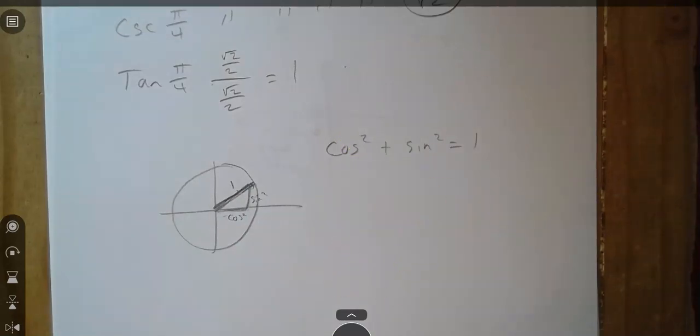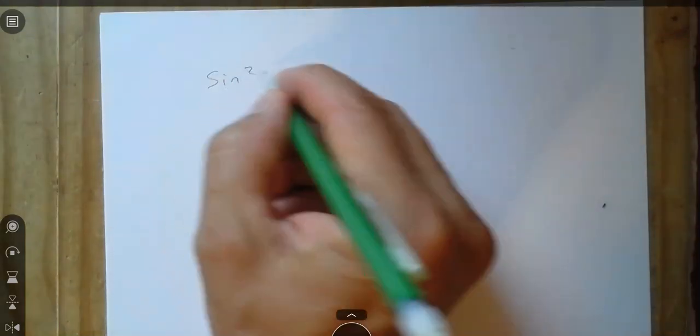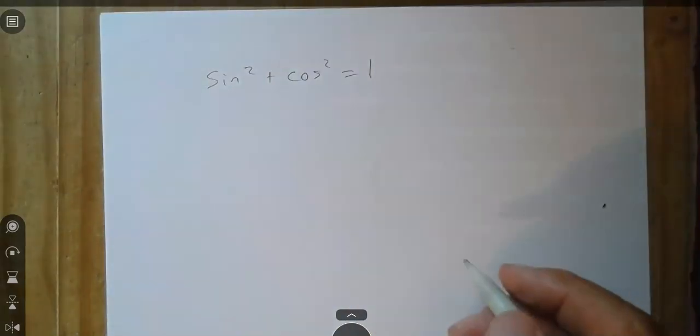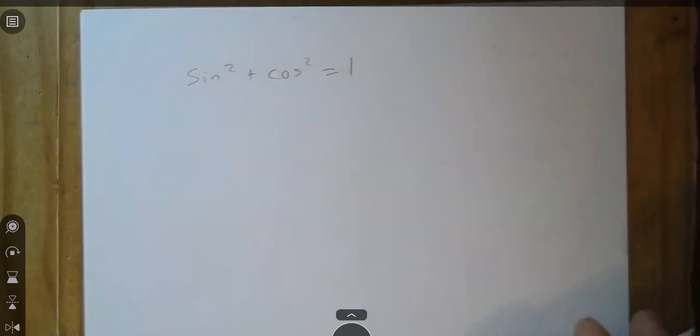Well, we have two other identities that seem kind of challenging. Tangent squared plus 1 equals secant squared, or cotangent squared plus 1 equals cosecant squared. Let me show you why those aren't too challenging. If I have sine squared plus cosine squared equals 1, I can change those up to realize that we have two other identities.